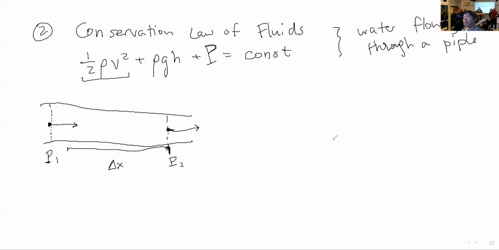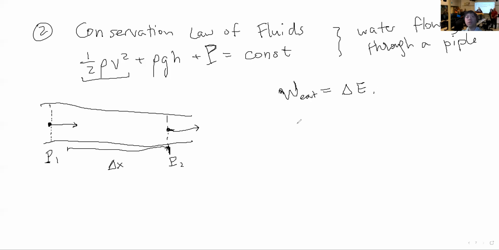Now from the work energy theorem, we know that the work done by external forces is equal to the difference in energy of this particle. That's just capital P to differentiate it from the lowercase p.